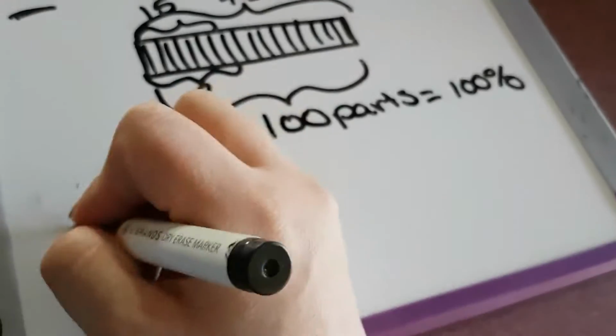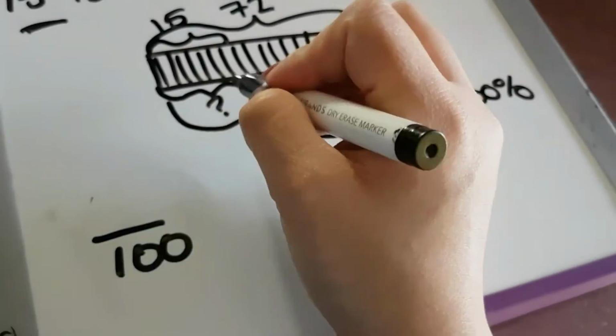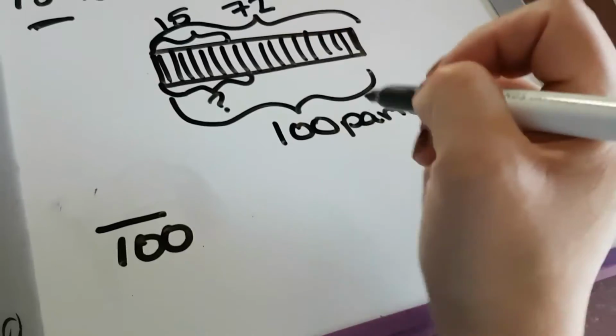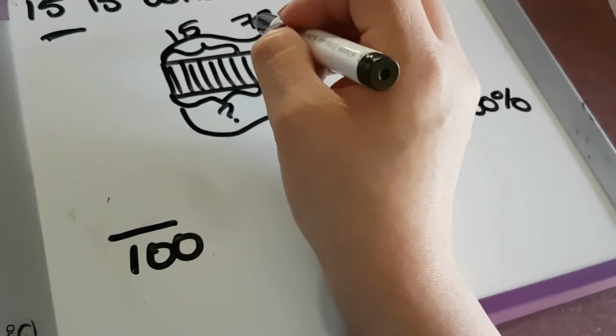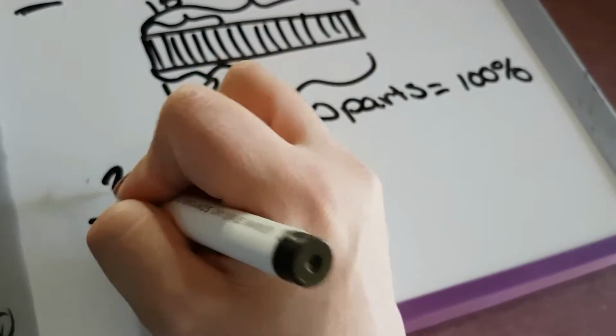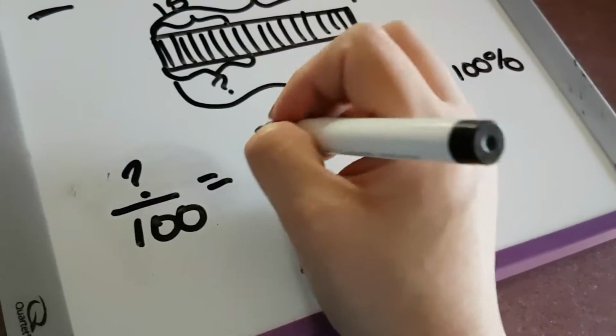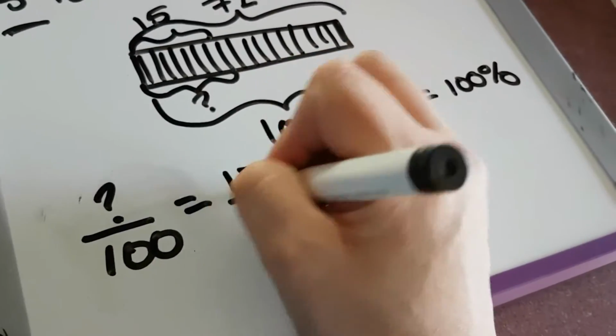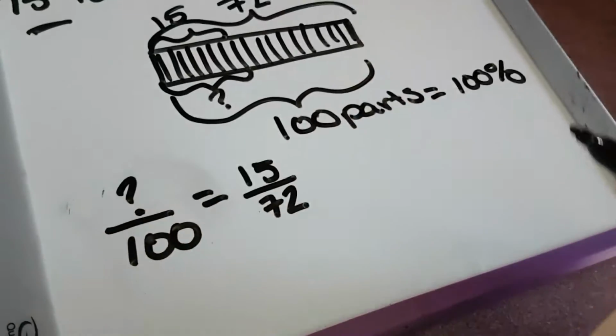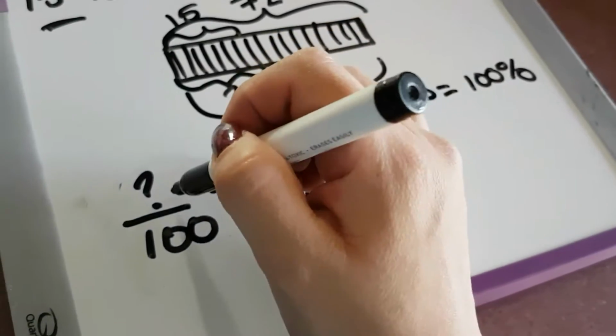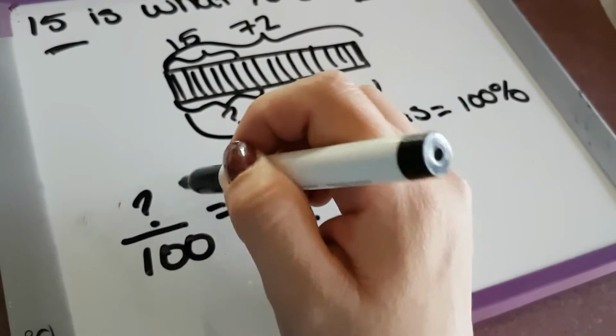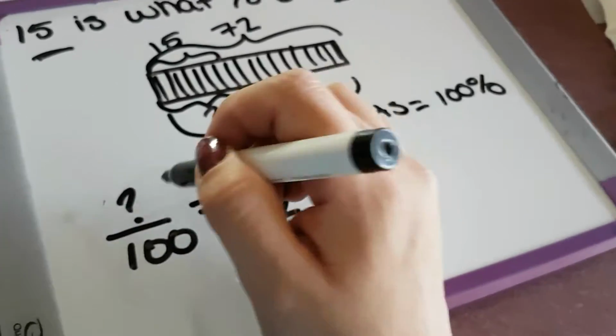Out of the 100, we are figuring out how much percent the 15 out of 72 is using. So our goal is to find out how much of the whole we are using.